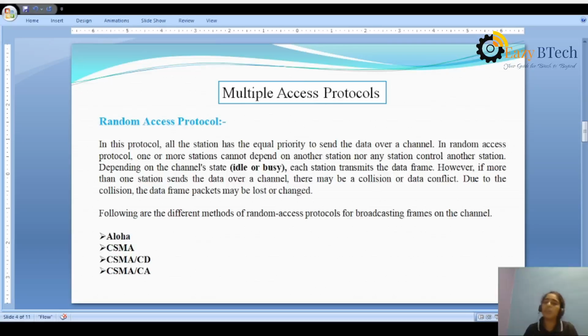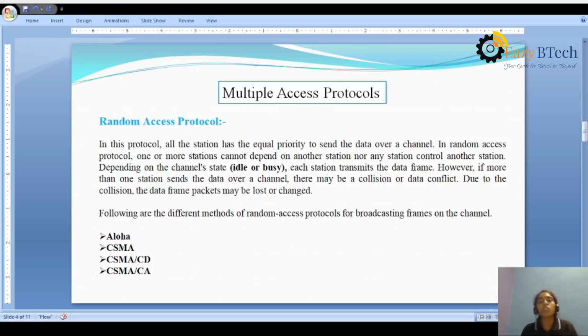Whatever stations are connected to a particular network, all have equal priority to use that channel to send data from source to destination. In random access protocols, one station cannot depend on other stations. Different stations are connected to one network, but there is no dependency between stations.